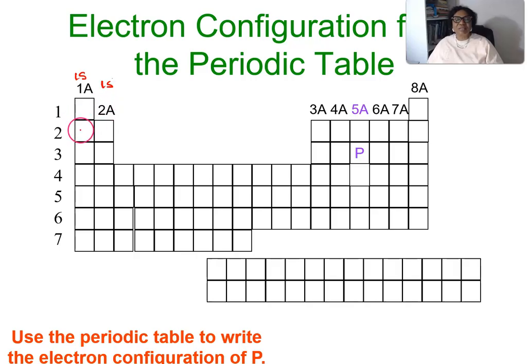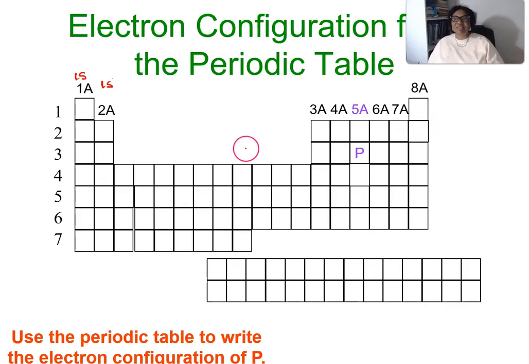You notice that the S block has two boxes, which represent 2 electrons. The boxes represent electrons. So this is 1 electron, this is the second electron. Then the D block has 10 boxes, which represent 10 electrons. The P block has 6 boxes, which represent 6 electrons.